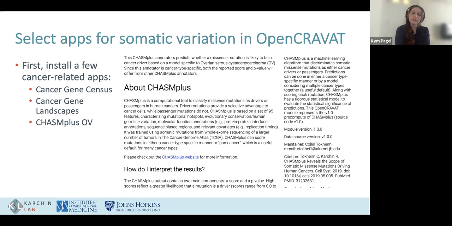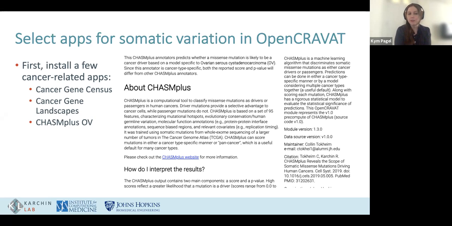Well, another good resource is something called CHASMplus. It's a predictor also made by the Karchin lab that takes a missense variant and determines if it is more likely to be a driver mutation or a passenger mutation in the context of human cancer. It returns a p-value that can be used to gauge the certainty of this prediction.